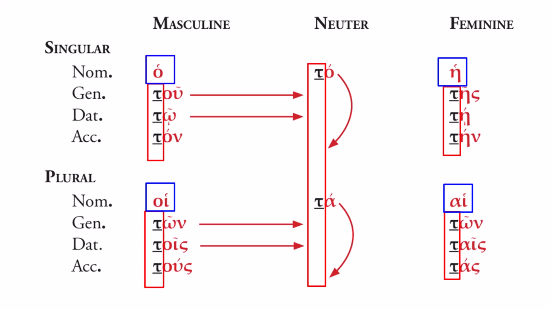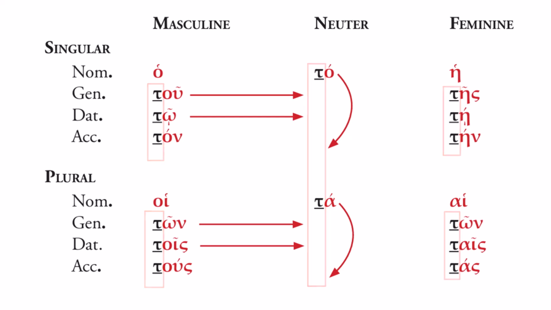In the masculine and feminine, in the singular and plural, you have the rough breathing marks on top of the endings. But otherwise, in the other endings, you have the letter tau added to all the other endings. You have those two arrows that are showing you again what is repeating under the genitive and the dative in the singular as well as the plural.